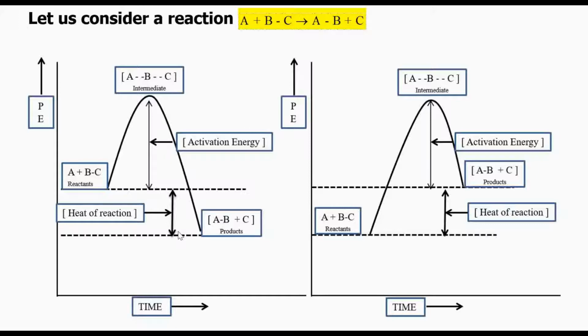In an exothermic reaction, the interesting thing is that if the reactants are heated a little bit, some of the molecules will acquire the energy which is sufficient to make the transition state, and once they reach this transition state, the road is very smooth for them, so they will form the products, and when they form products, energy equal to the heat of reaction will be released in the atmosphere.